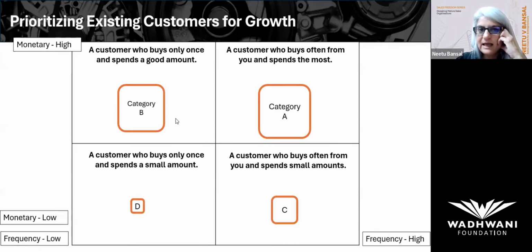When you're looking at this kind of matrix, can you imagine which customers are falling in which categories for you? Will somebody tell us where most of your customers fall? Which box do they fall in?